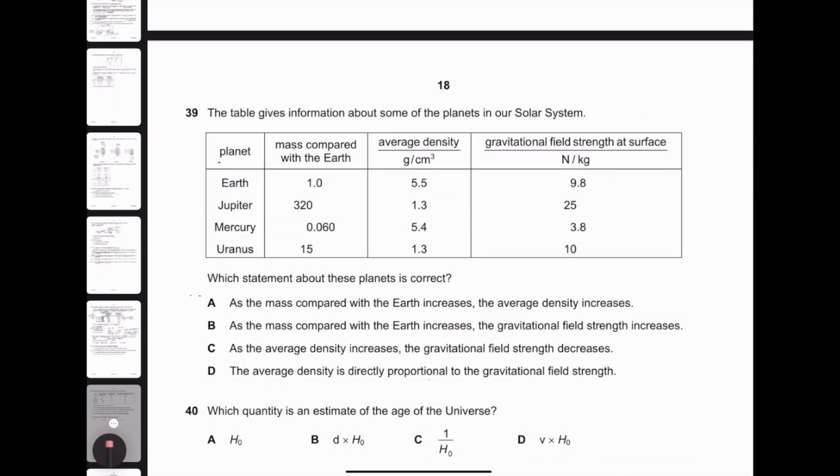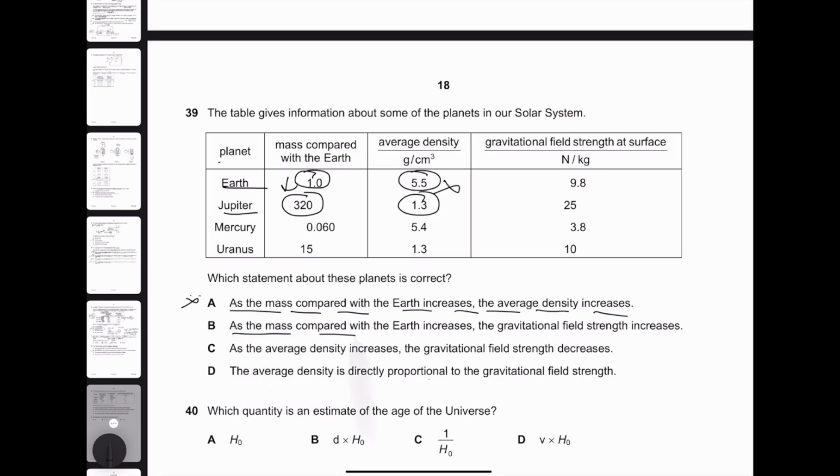Now, question number 39. There is a table. They have given lots of data for the 4 planets. Let's look at the statements. As the mass compared with the Earth increases, so mass is increasing, let's say Earth and then Jupiter, the average density increases. Is the average density increasing? It's not. So this is wrong.